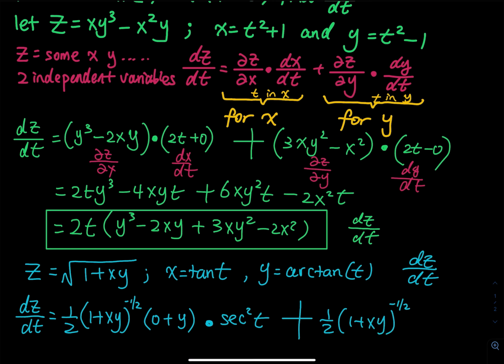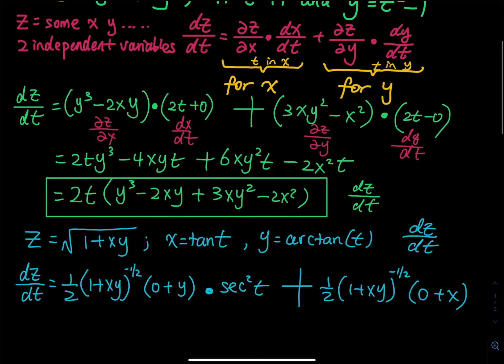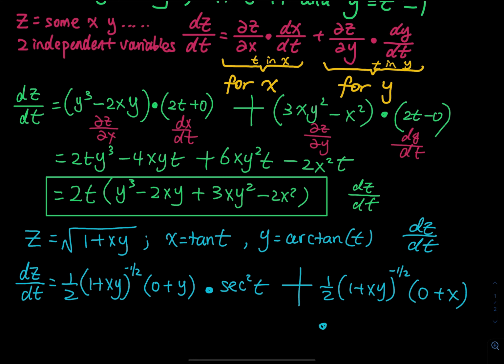The derivative of the radicand, 1 plus xy with respect to y, the derivative of 1 is 0. The derivative of xy, y is a variable, x is a constant, then you have x left. And then we will just multiply the derivative of y with respect to t. So the derivative of arctangent is 1 over 1 plus t squared.